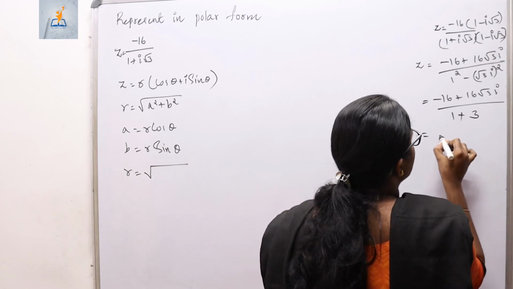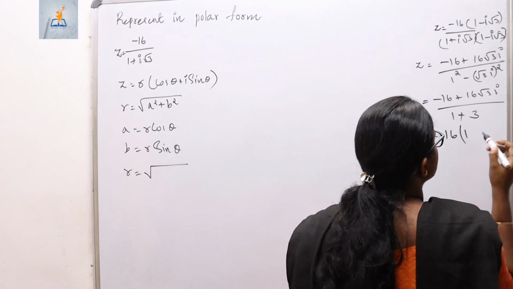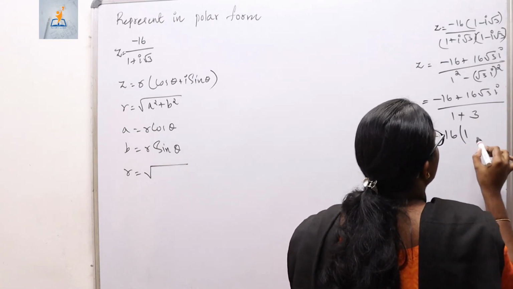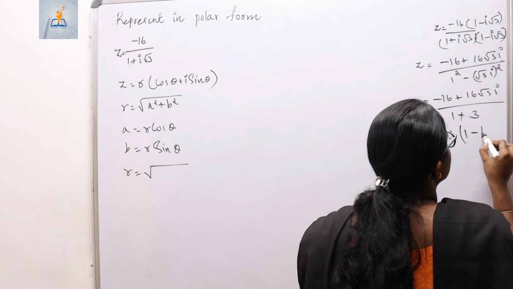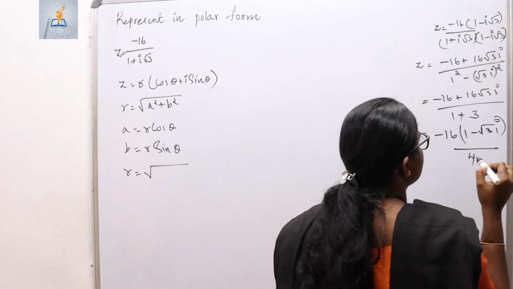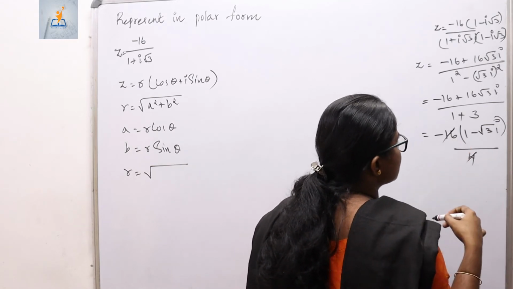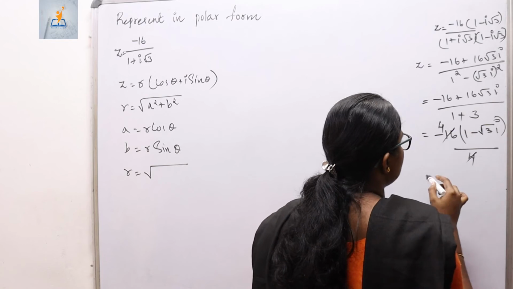So minus 16 can be taken common from the numerator. That will become minus 16 into 1 minus root 3 i divided by 4. So 16 and 4 get cancelled and here it will become 4.